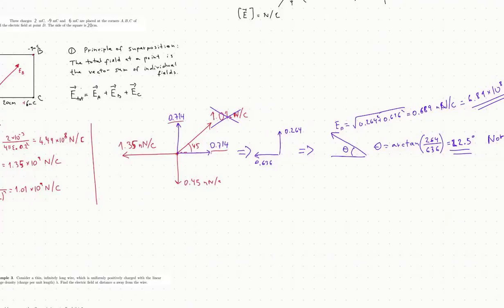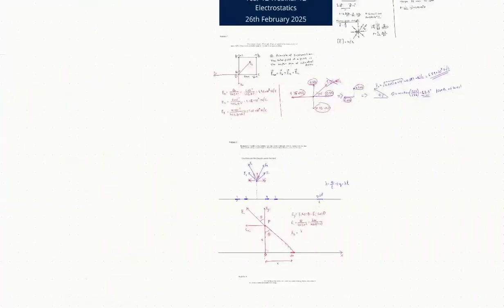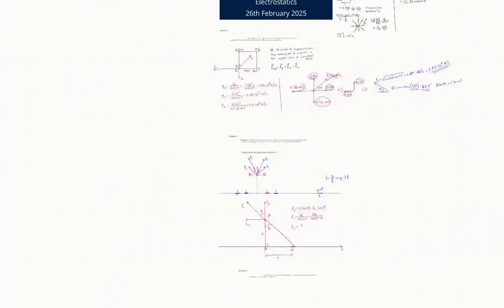You can see that this minus this is this, and this minus this is this. So I just found the total horizontal and total vertical component. I hope that makes sense.